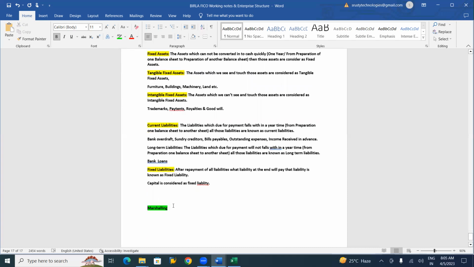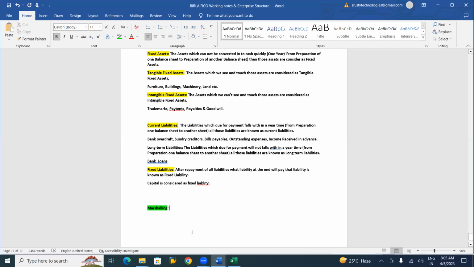What do you mean by marshalling? In the sense, whatever order we have, whatever groups we have created, all assets into current assets, fixed assets, liabilities under current liabilities, long-term liabilities, and fixed liabilities.